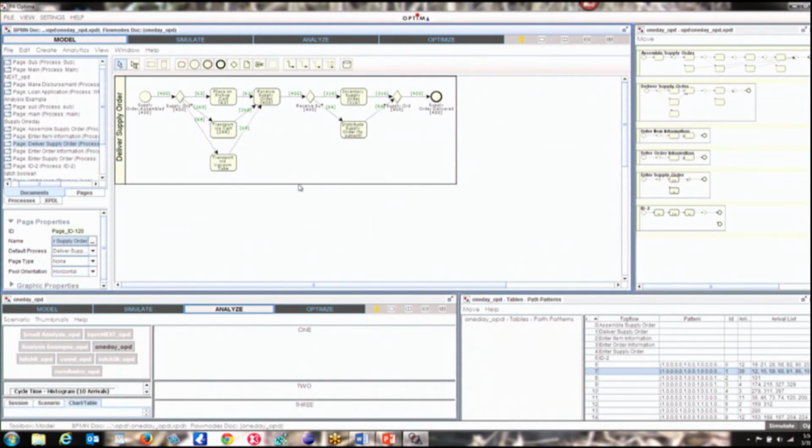Anyway, I've selected that, and now I'm going to look at, by the way, the set of patterns on the upper right are miniature versions of all the processes. On the lower right, I have a table that correlates the discovered path patterns and their frequencies. If I go ahead and pick one of those, I'll immediately see the representation.